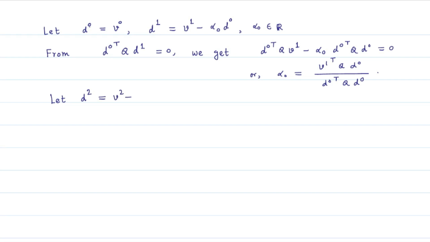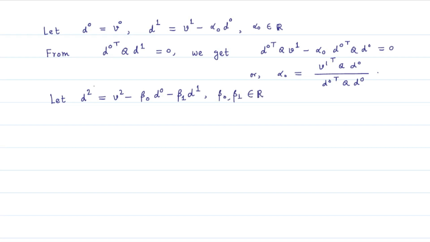Next we define the next vector d2 as the vector v2 minus a linear combination of the previous vectors d0 and d1. So we take the expression v2 minus some scalar beta0 times d0 minus some other scalar beta1 times d1, where beta1 and beta0 are scalars.